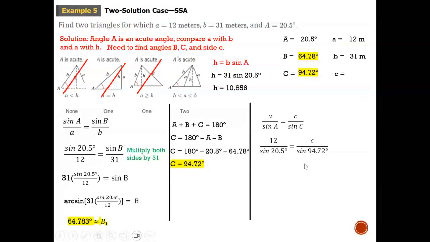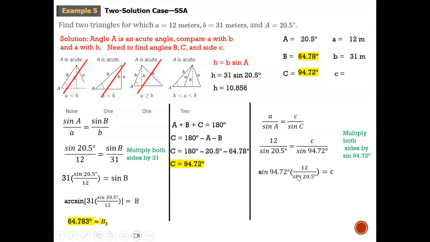So here, guys, we're going to multiply both sides by sine of 94.72. So it's going to give us sine of 94.72 degrees times 12 over sine of 20.5 degrees. Let's use a calculator, and again, make sure that the mode is in degrees. So C approximately is 34.149. Rounded to two places will give us 34.15. So side C is 34.15.